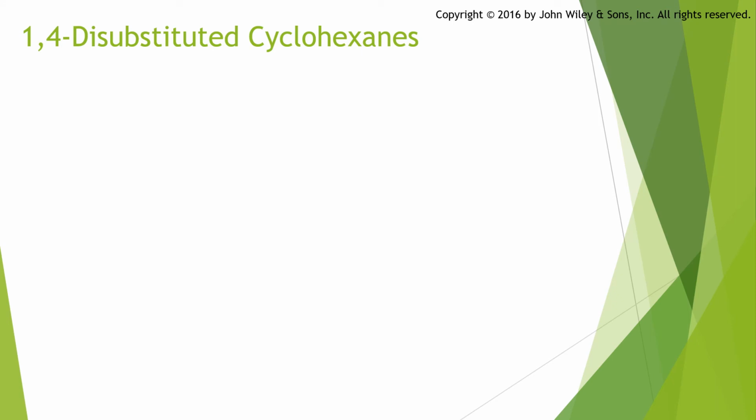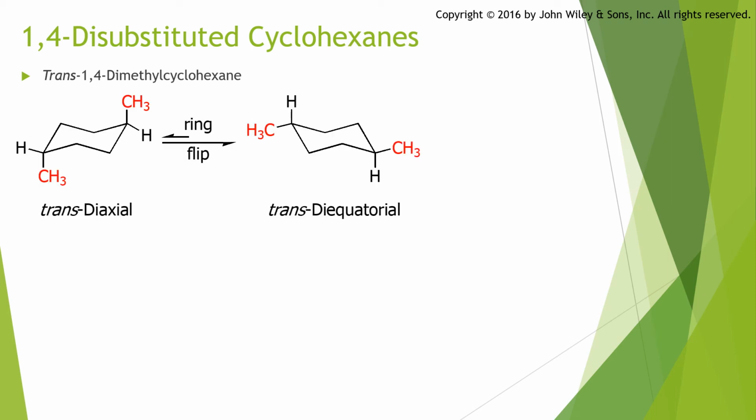So let's take a look at some disubstituted cyclohexanes. First, we're going to look at trans 1,4-dimethylcyclohexane. So the methyl groups can either be diaxial, where both are in the axial position, because on the 1, 2, 3, 4 carbons away from each other, the up position is axial over here, and over here it's going to be down. They're opposite of each other.